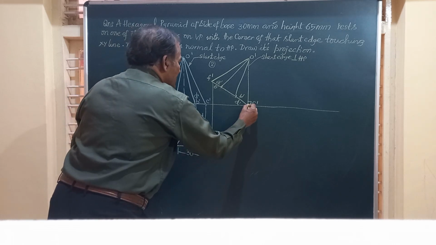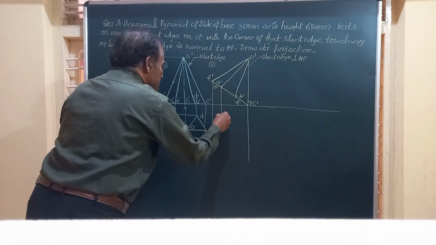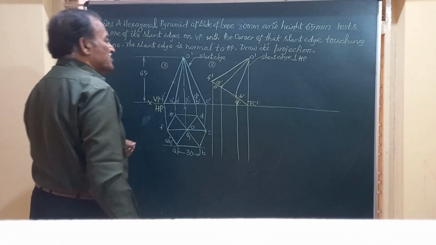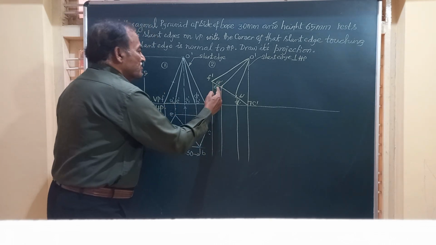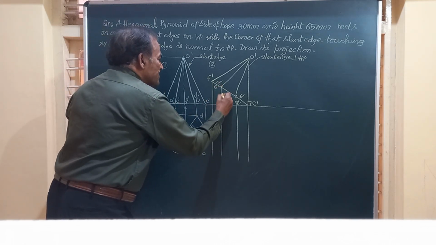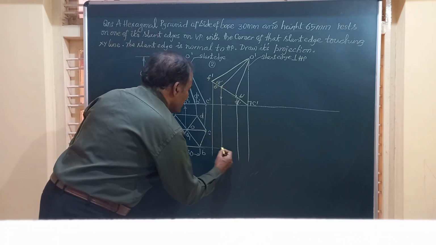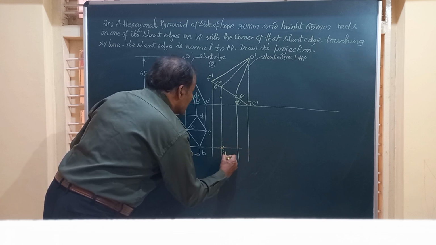So I will draw vertical lines through all these one by one and see how to obtain this figure. Friends, you can see here, on this line you should have A. Let's start from the point A. Vertical line from A dash, horizontal line from this A. The point where those two intersect is the point A here.